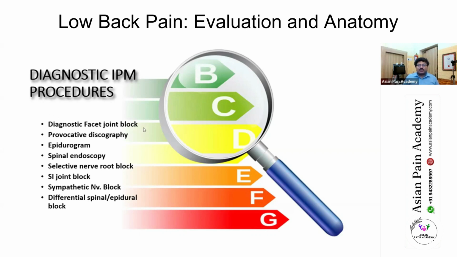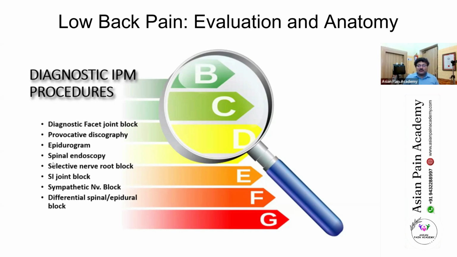So we have invented many procedures in pain management that can help find out those conditions. Diagnostic facet joint block for facet pain, provocative discography for internal disc disruption or discogenic low back pain, epidurogram for epidural adhesions or any other pathology in the epidural space, and spinal endoscopy, again mostly fiber optic endoscopy, for the diagnostic part.